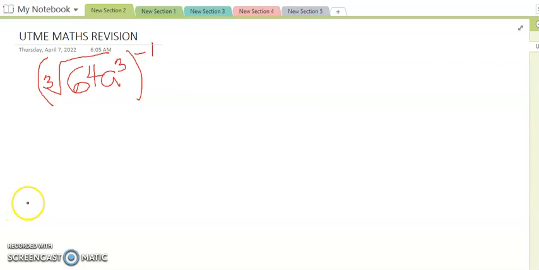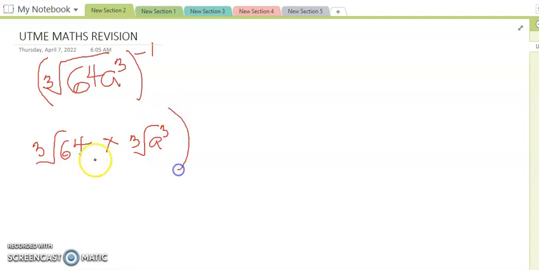The question has asked us to simplify cube root of 64a raised to power 3, everything raised to power minus 1. How do we solve that? We have cube root of 64 times the cube root of a raised to power 3, everything raised to power minus 1. So what is the cube root of 64?